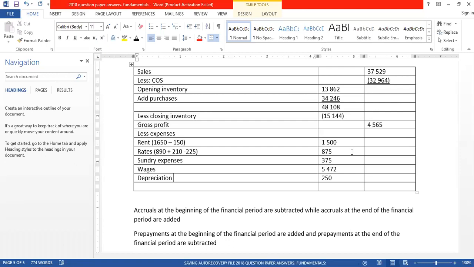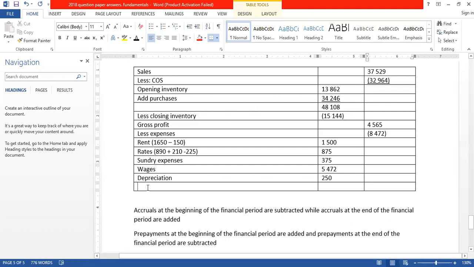Our expenses are more than our income. So we got 8472, and that is our expenses.